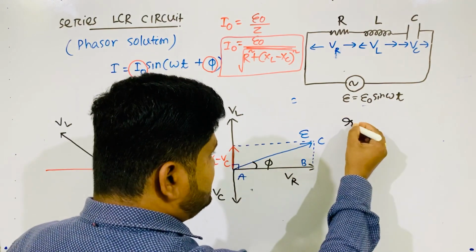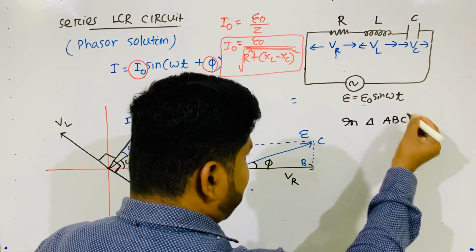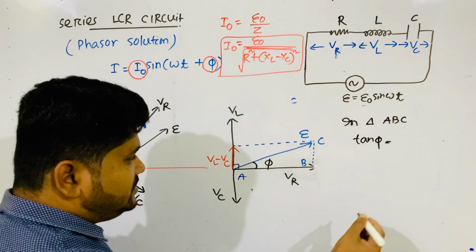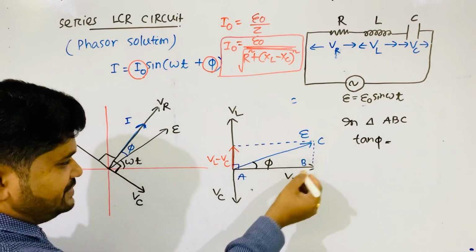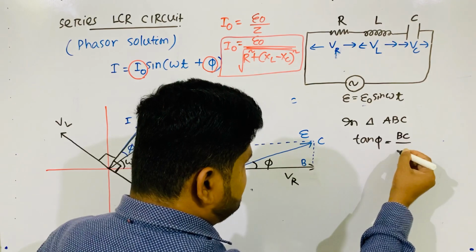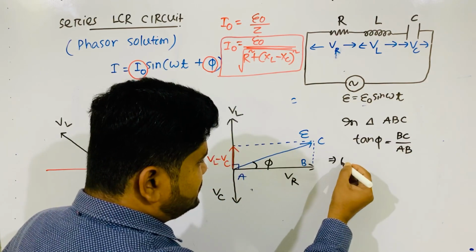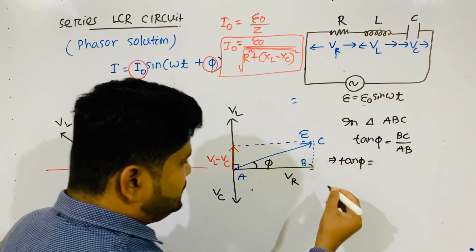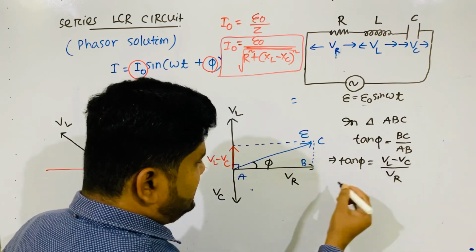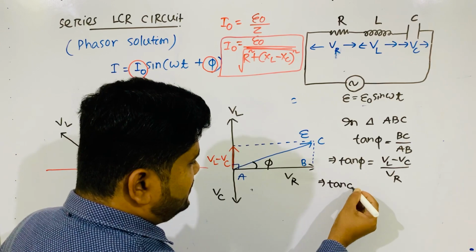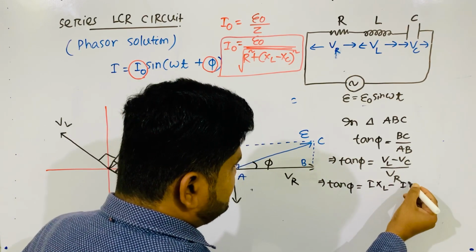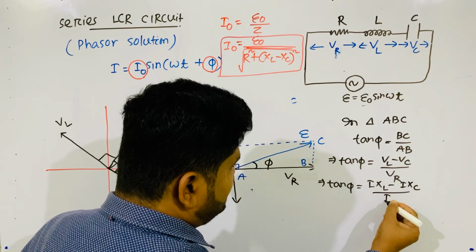So in triangle ABC, tan phi is equal to what? BC by AB. So tan phi is equal to what is BC? VL minus VC by VR. So tan phi equal to, what is VL? I XL. What is VC? I XC. What is VR?